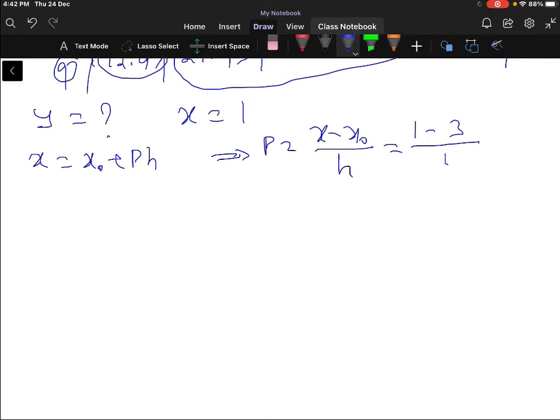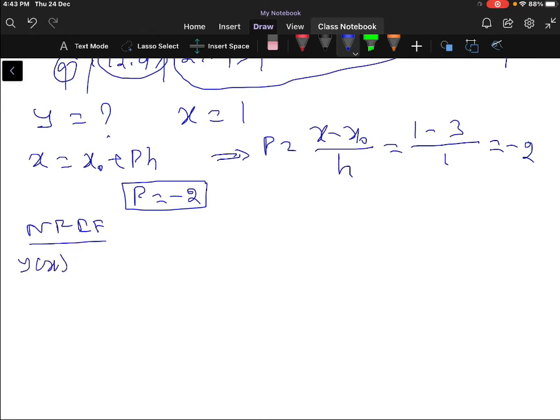Here x is 1, x naught is 3, and h is 4 minus 3, that is 1. So 1 minus 3 by 1 is equal to minus 2. So p is equal to minus 2. We use Newton's forward interpolation formula to find the value of y at x equal to 1.